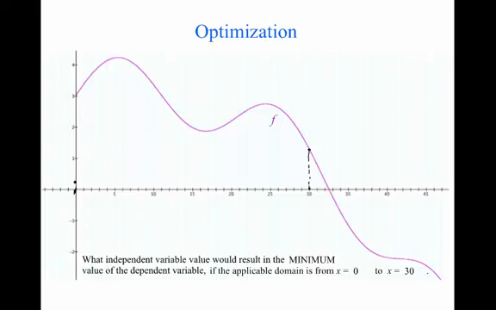Jack, tell me. Where's the minimum from 0 to 30? At 30, okay? Minimum of something like 1 point something, right? Again, the right endpoint of the interval from 0 to 30.